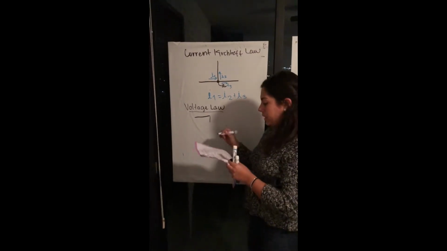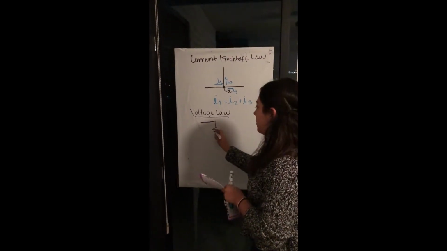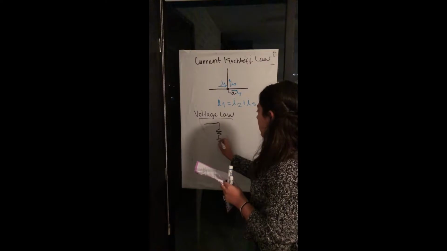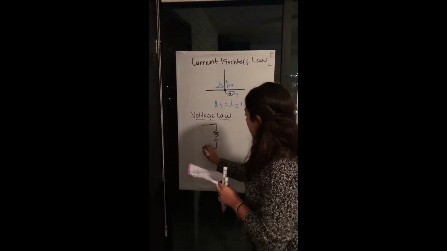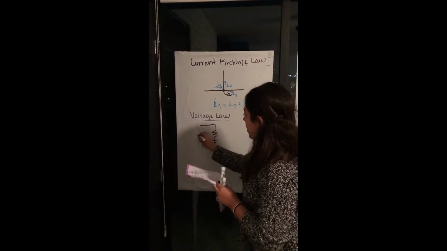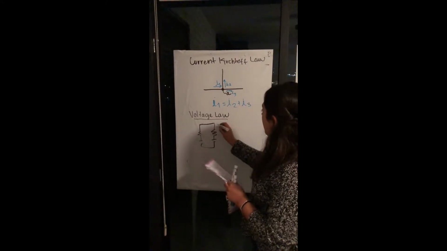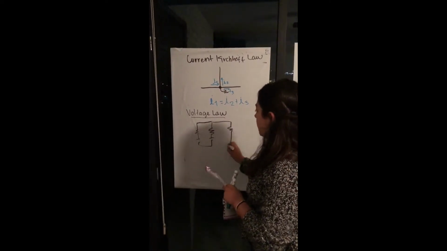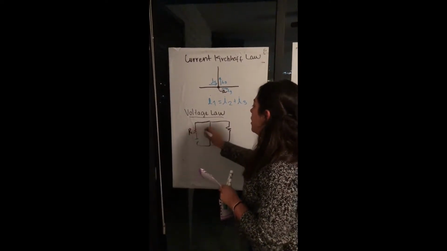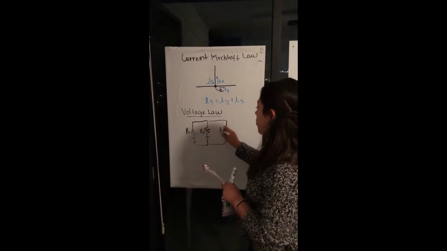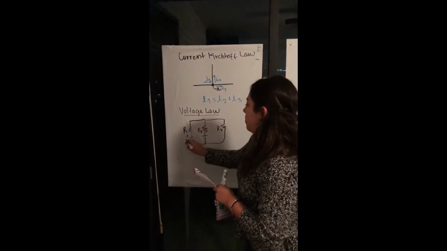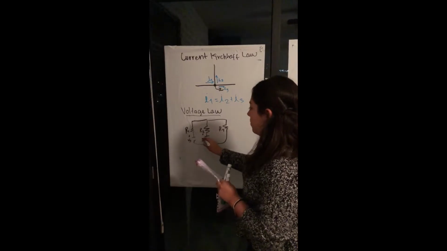I'm going to draw it so you can see what I'm talking about. We would have a voltage source here, another voltage source here, a resistor, and another resistor here. So this would be R1, R2, R3, B1, B2.